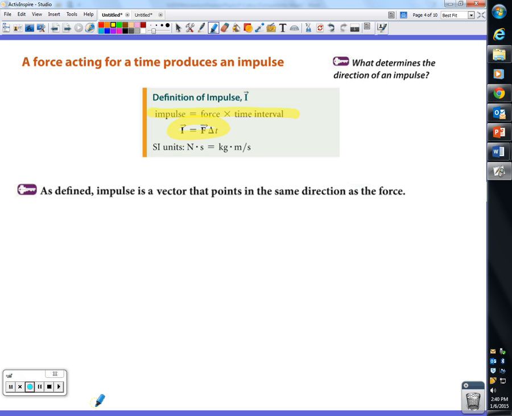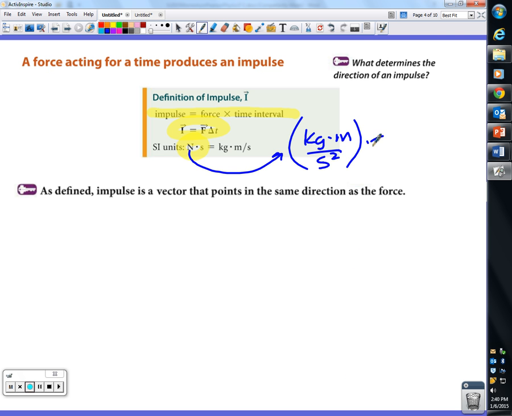Now, Luke, you kind of mentioned this before. Force is in newtons. Time is in seconds. So the unit for impulse is N times s, newtons times seconds. But maybe you recall, maybe you don't, newtons is a combination of base units: kilograms times meters over seconds squared.